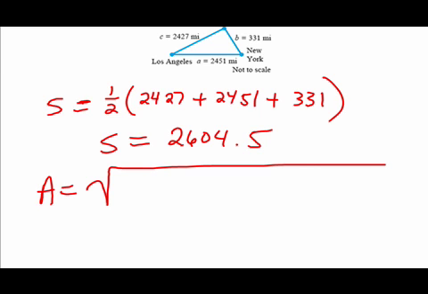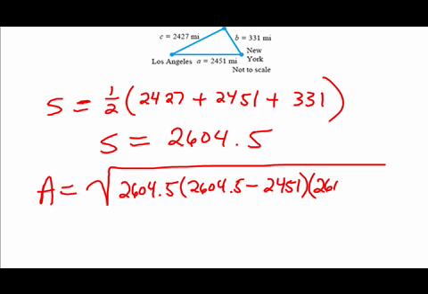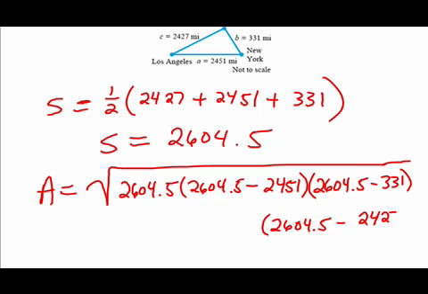Area is equal to the big square root of S times the quantity S minus one of the sides, A, 2,451, times the quantity S, 2604.5, minus the next side, 331, times the quantity S minus our remaining side, which is 2427. It's a square root of that whole product.